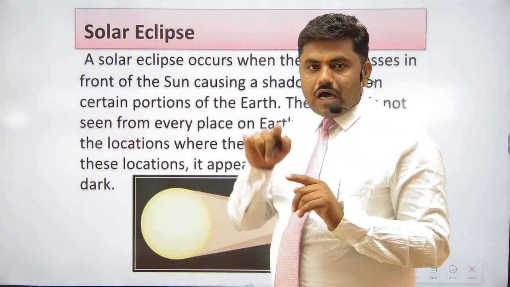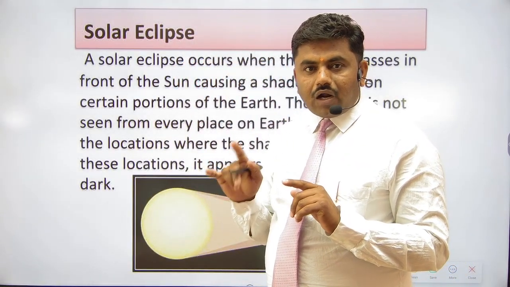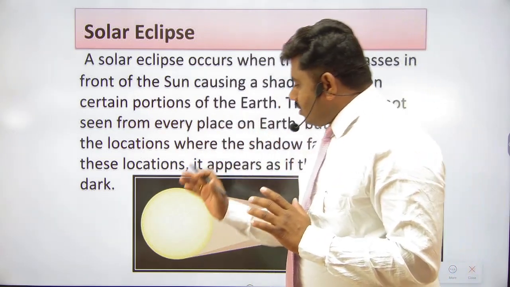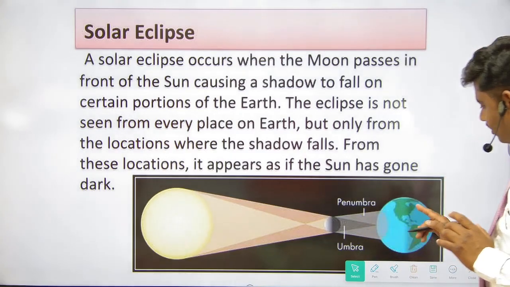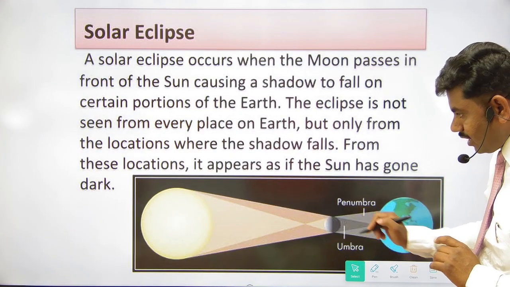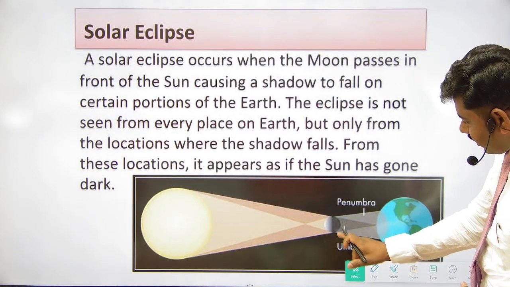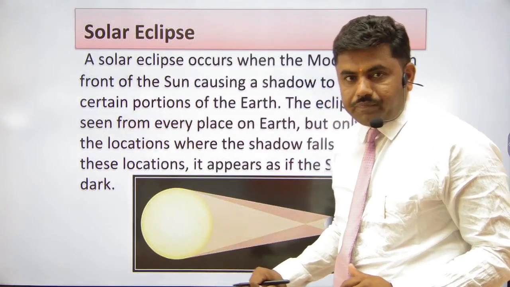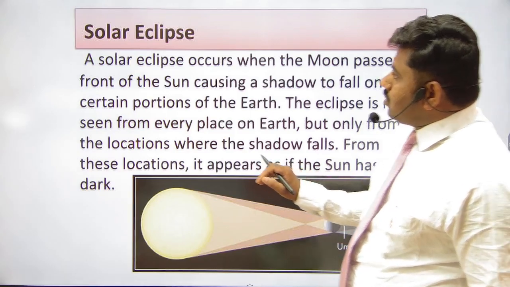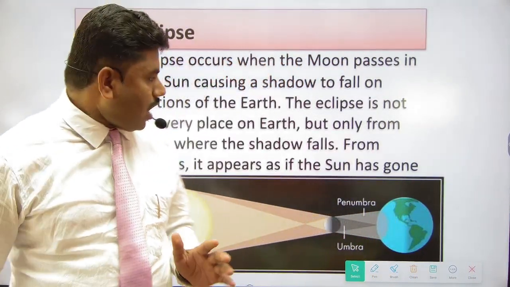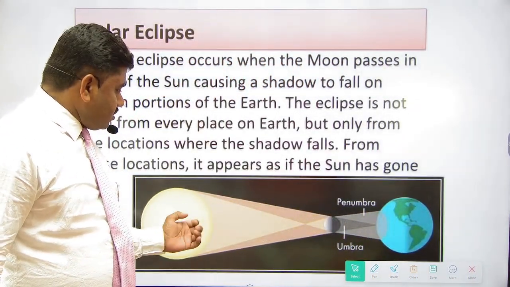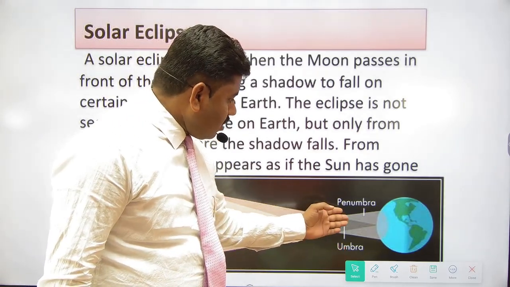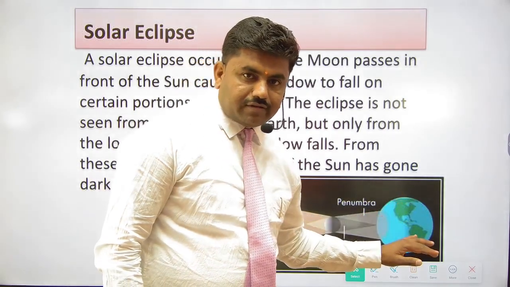When it moves around in its orbit and comes between the sun and earth, the solar eclipse forms. How? The rays of the sun are stopped here and the shadow forms on the earth.